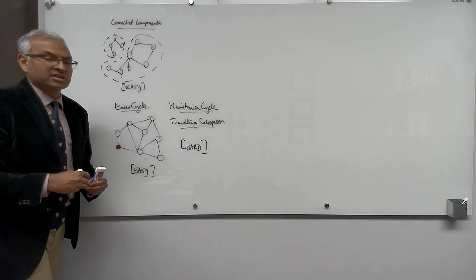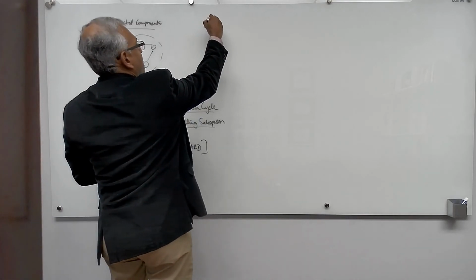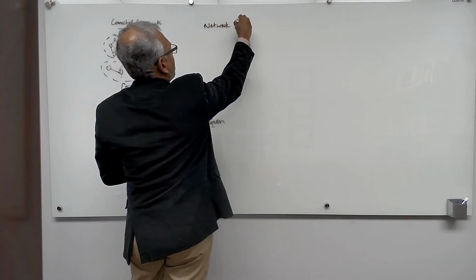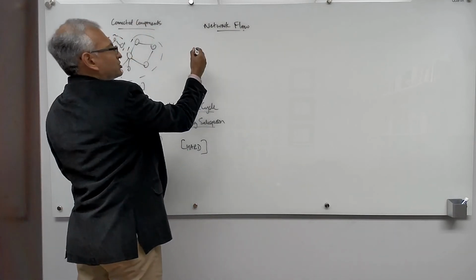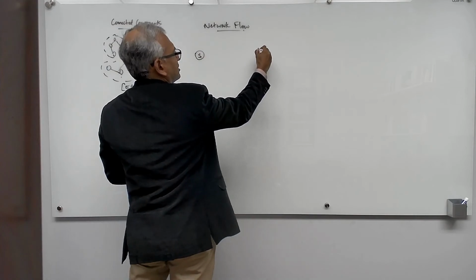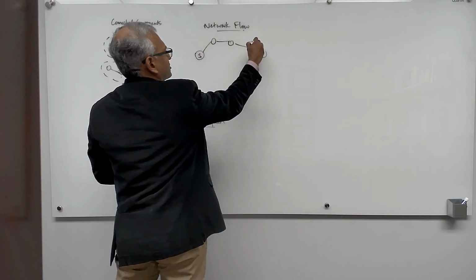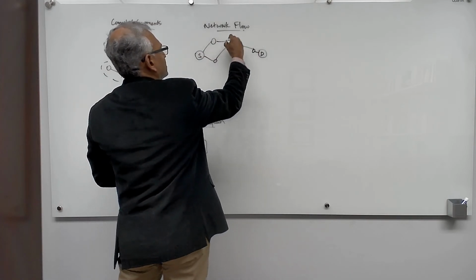Okay, let's consider another easy problem. Network flow. So in network flow, you have you, the source, and you have a destination, called D, and there's a network of ISPs in between you and your destination.